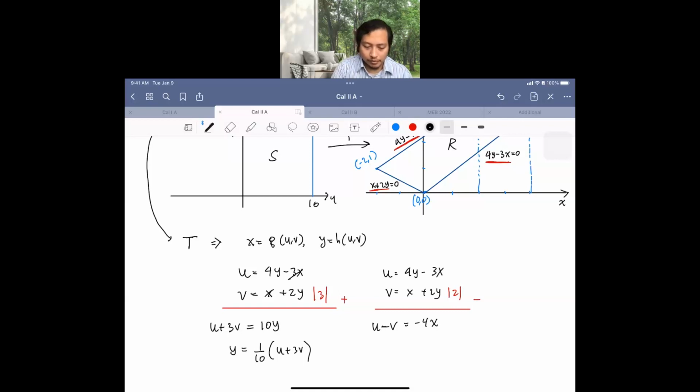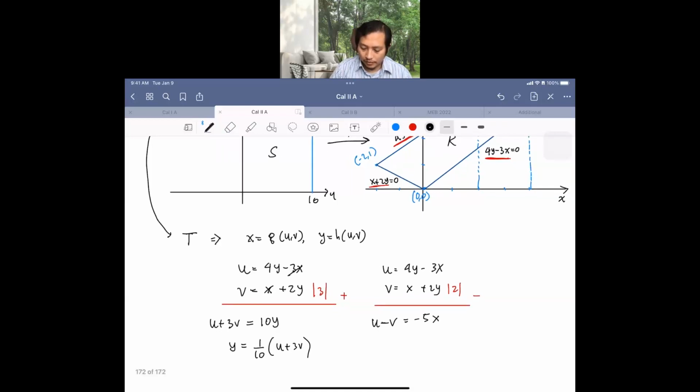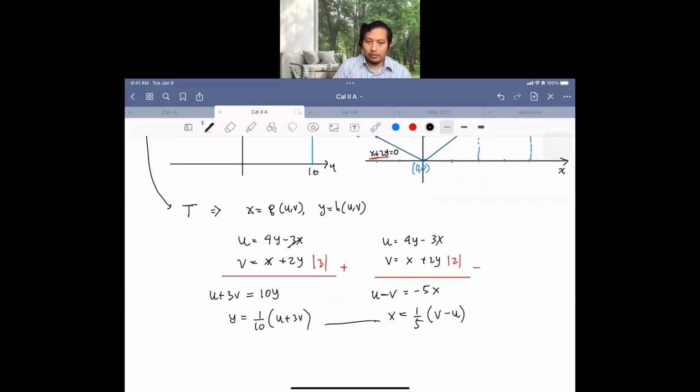Oh, 5, it should be 5. Negative 3, negative 2 is negative 5. So this will be x equal 1 over 5 times v minus u. Okay, and this will be our transformation.